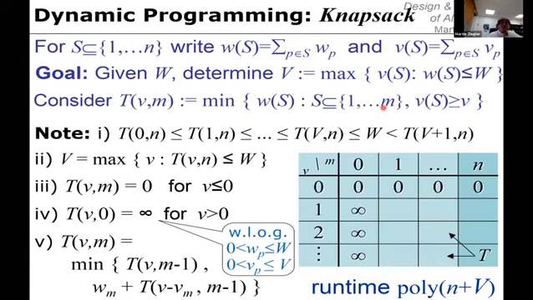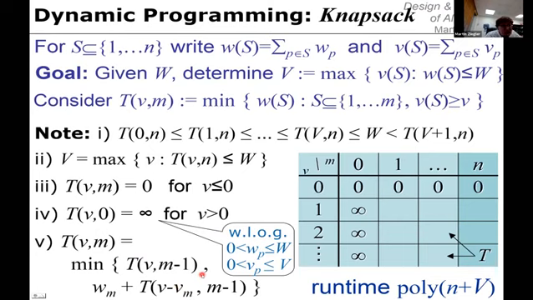And if it contains the mth packet, then if we remove that mth packet, we have reduced the weight by Wm, but we also have reduced the value by Vm, and the result will again be an optimum. That's the point. So the result will be the least weight required in order to exceed value V minus Vm among the remaining packets 1 up to m minus 1.